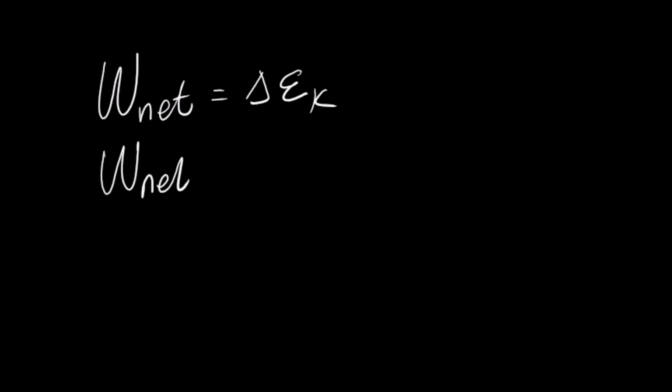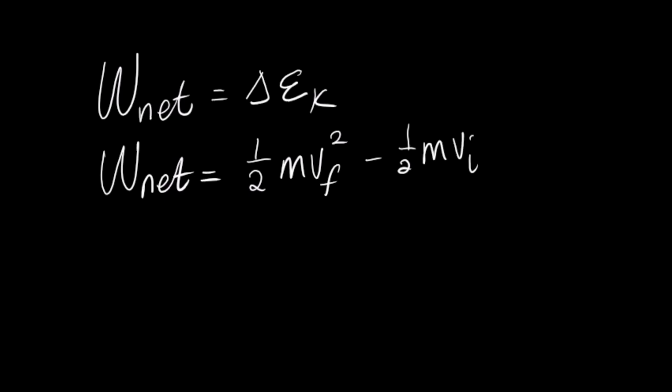Work net, the net work experienced by an object, is equal to its change in kinetic energy. So when we expand this equation further, we have half m v f squared minus half m v i squared.